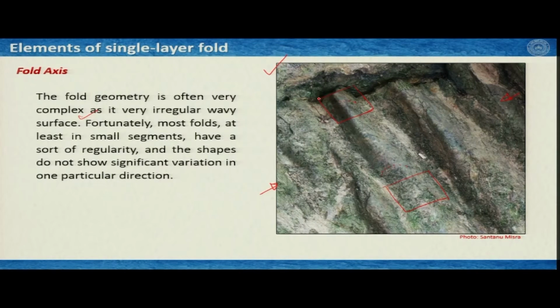If I concentrate on this little box that we have drawn here, we can convince ourselves that the deformation is more or less homogeneous. The interlimb angle, if I measure here and here, is very consistent. So, in the next slide we will try to define the fold axis based on this segment.